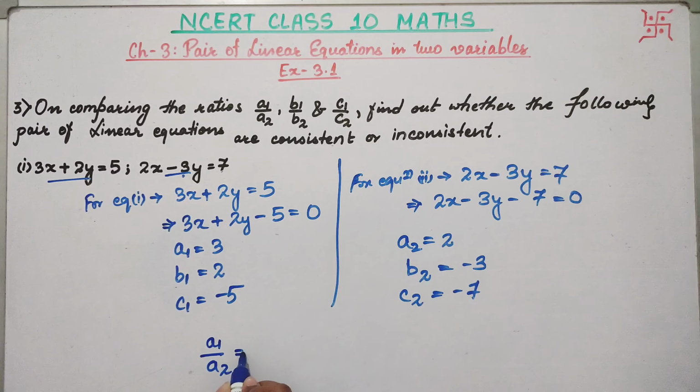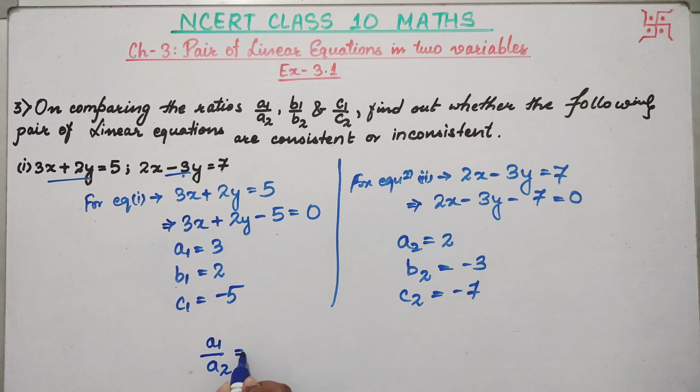As we can see, a1 by a2 is equals to 2 by 4, which is half. b1 by b2 is minus 3 by minus 6, which is again half. c1 by c2 is minus 8 by minus 9, which is 8 by 9.